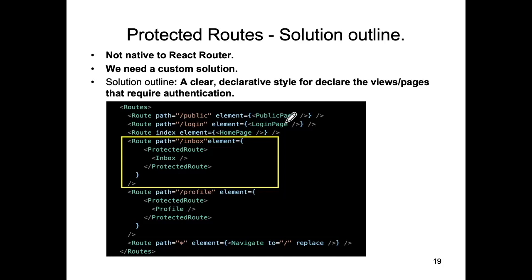That will cause the login page to display, which displays my username and password. When I click submit, it validates those. And if everything is fine, it changes the browser's URL back to /inbox, which means this component is going to mount again. But on this occasion, it is going to allow the inbox component to be mounted, because it will discover that the user has now logged in. And so that component can mount.